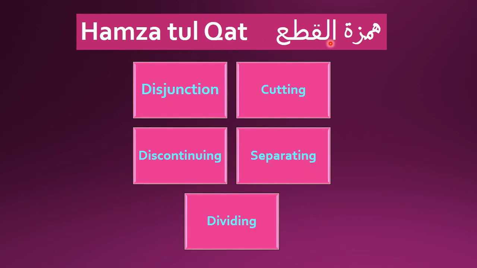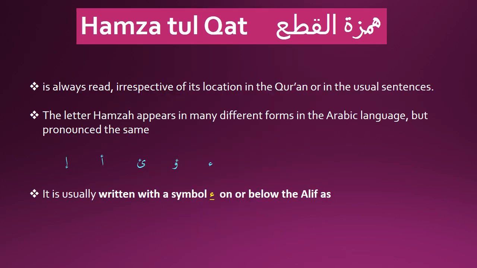The second one is Hamzatul Qat. It is also called disjunctive Hamzah, cutting Hamzah, discontinuing Hamzah, separating Hamzah, dividing Hamzah. Why is it called so? Because it is always read irrespective of its location in the Quran or in the usual sentence.